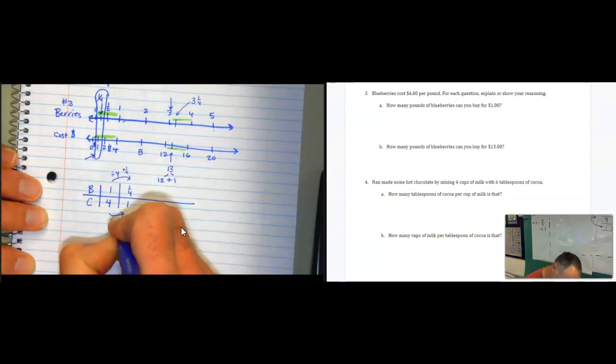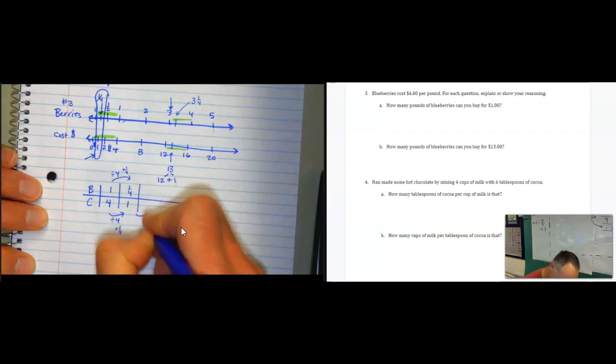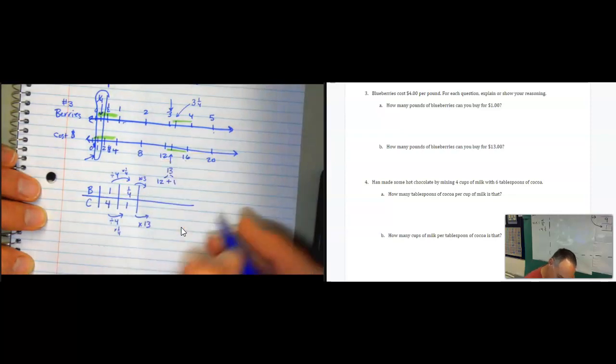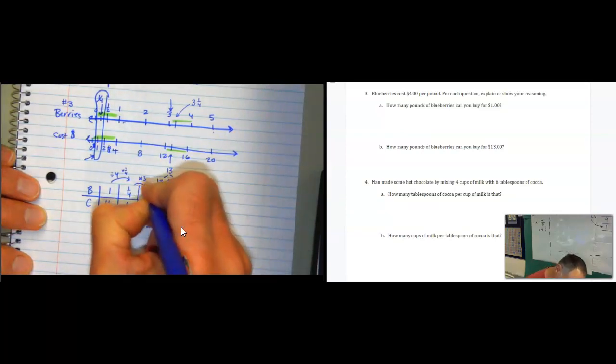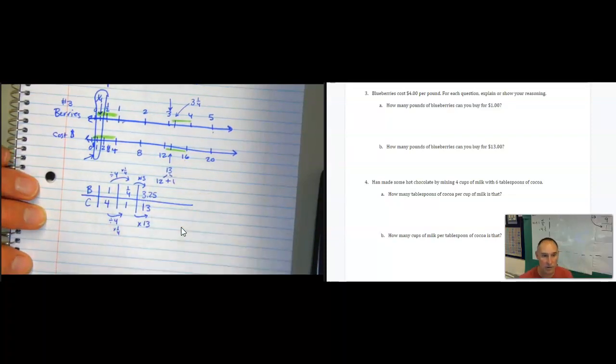Okay? And then at this point, I can say times 13 because I needed 13 dollars. So I take my 1/4 and I multiply that times 13, and I end up with 3 25/100. So that's a way to look at that in a double number line expressed as a ratio table.